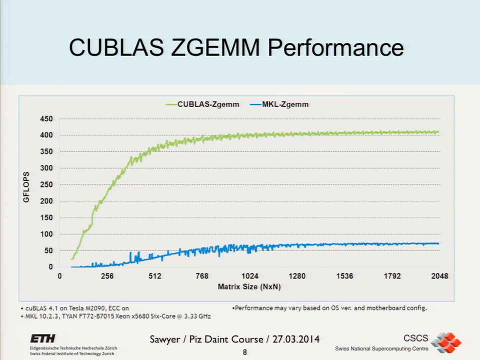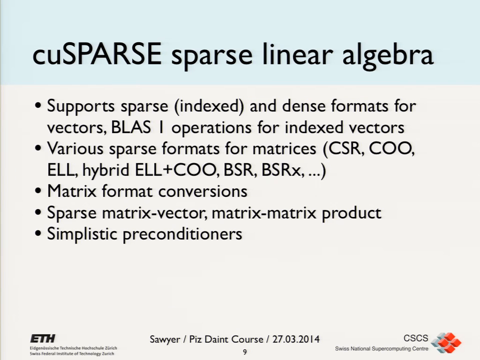Remember, this comparison is socket to socket, so not necessarily a fair comparison. You might want to make a node-to-node comparison, where you'd have 2 CPU sockets versus essentially 1 GPU. But in any case, you do get almost this factor of 8, which Alistair talked about, and which comes from the peak performance of the CPU versus the peak performance of the GPU.